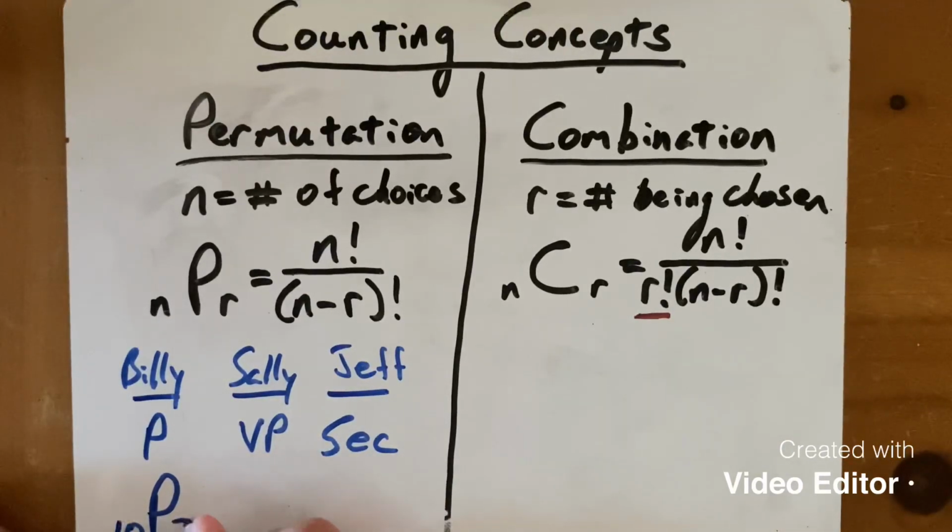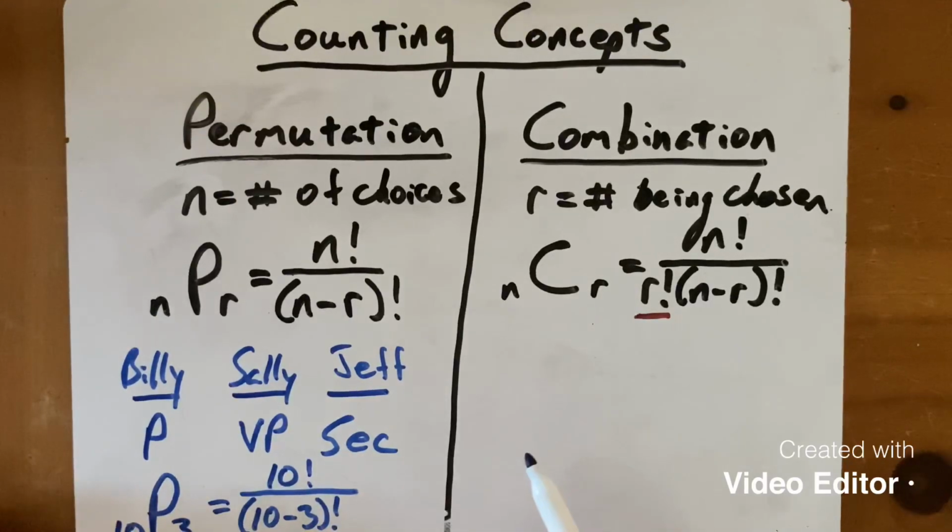So that's going to be R, so R is going to be 3. So I want to do 10P3, this permutation. Let's go ahead and plug in those values. I'm going to do 10 factorial, because that's n, over n minus R factorial.